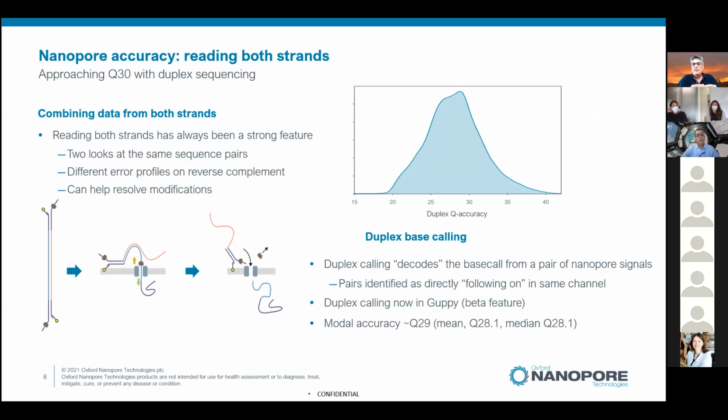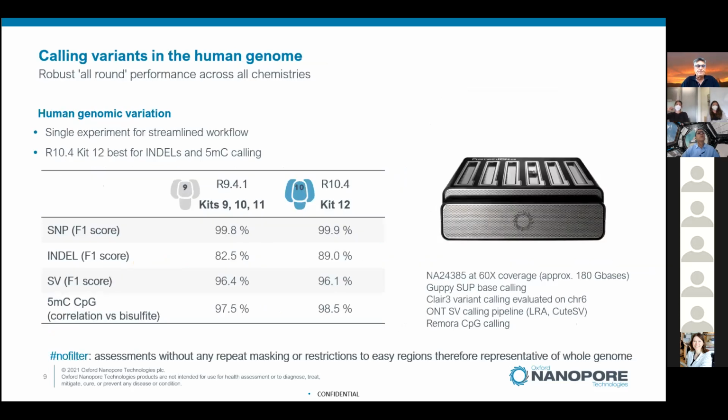And so you'll be able to get these higher level accuracy duplex reads in your data set to analyze either separately, as an incredibly accurate component data set as a segment of your total sequencing run, or you can combine it with the regular simplex reads.